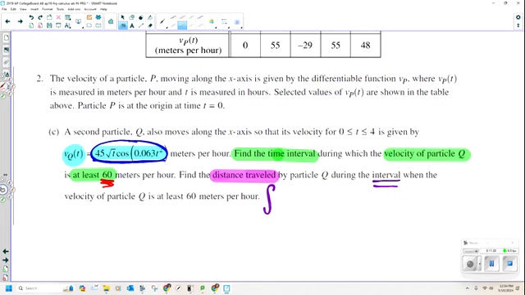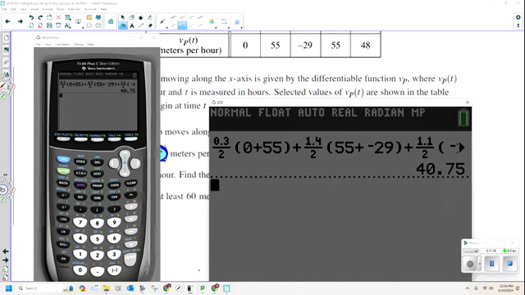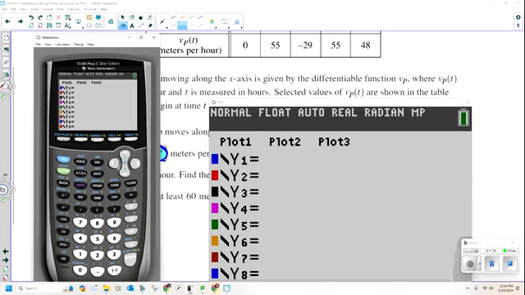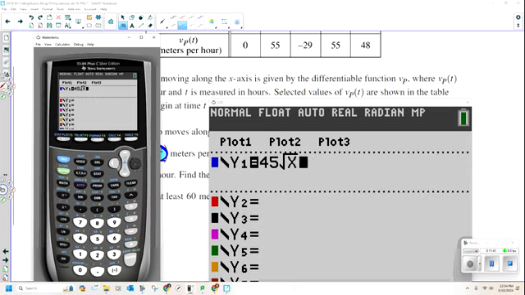That's it. So let's put this on. Let's go to y equals. And we got this fancy equation that we're going to type in here. And the fancy equation is 45 times the square root, we're going to use x, times the cosine of 0.063 x squared. All right?